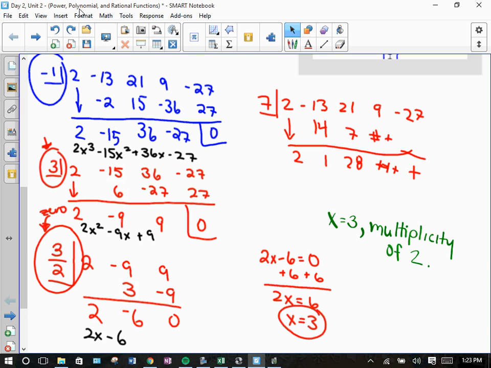You'll never use it in calculus. I can teach you calculus without it. I don't teach it with it. This is more of the analytical type of math.